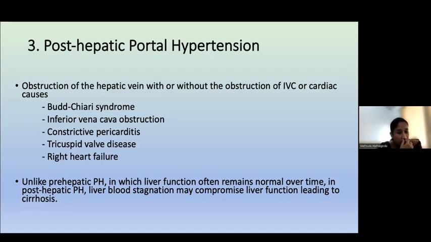The most important fact in post-hepatic portal hypertension is, unlike pre-hepatic, sometimes you would see liver dysfunction because long-standing blood stagnation and back pressure can compromise your liver functions, and very rarely they can cause cirrhosis as well. So unlike pre-hepatic portal hypertension, post-hepatic portal hypertension in the longer run can compromise the liver functions, leading to cirrhosis.